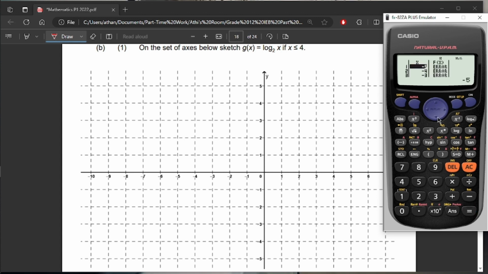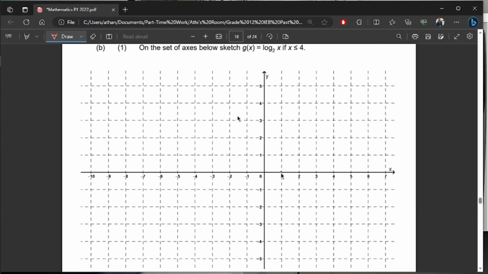So negative 5, y is error, negative 4, y is error, negative 3, error, and then it starts from 1, 0. So let me graph this one. 1, 0. 1 for x, 0 for y.